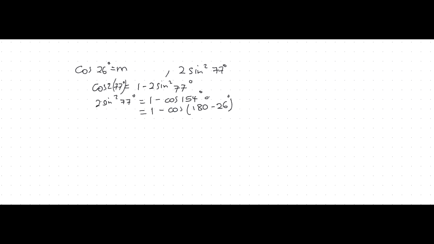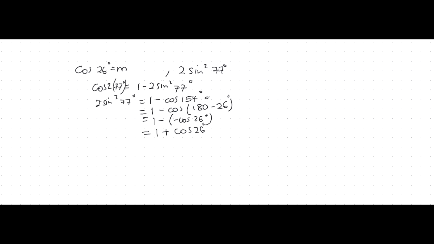So we have 1 minus, in brackets, minus cos 26 degrees, which is the same as 1 plus cos 26.